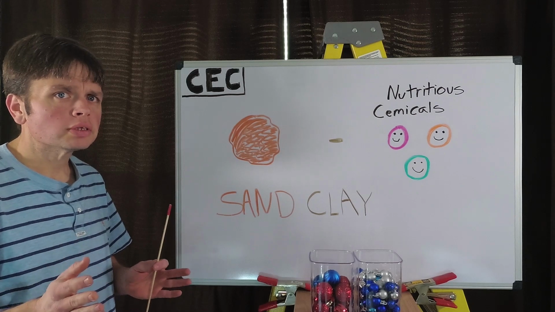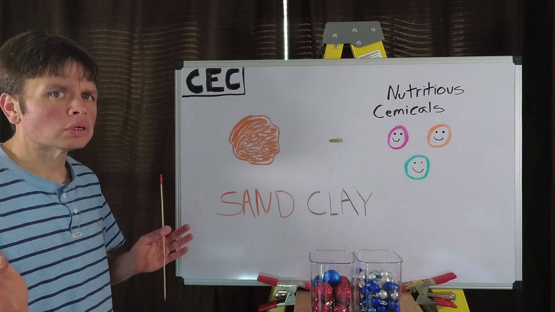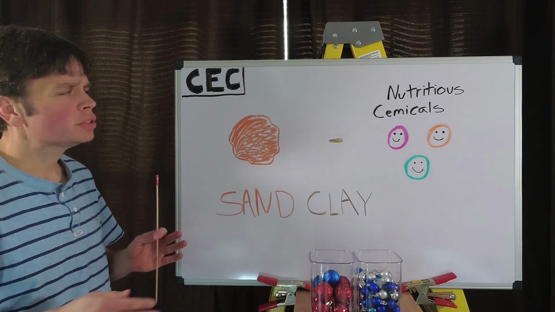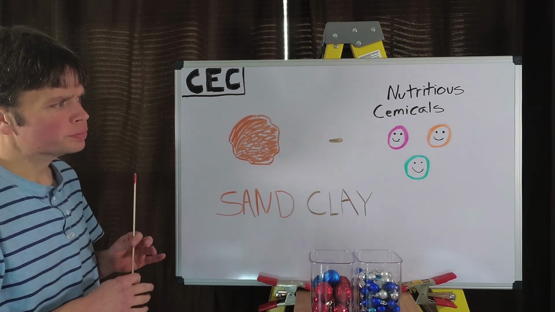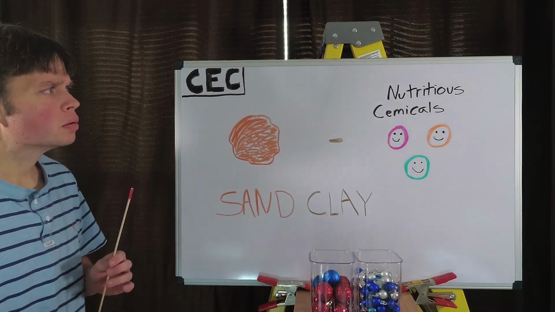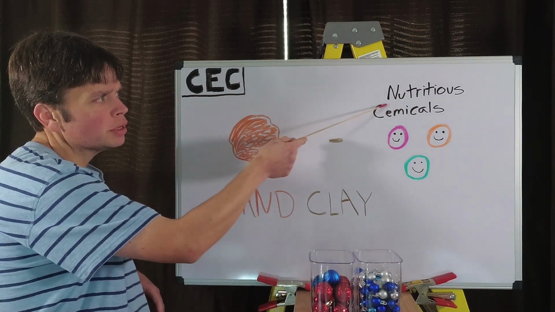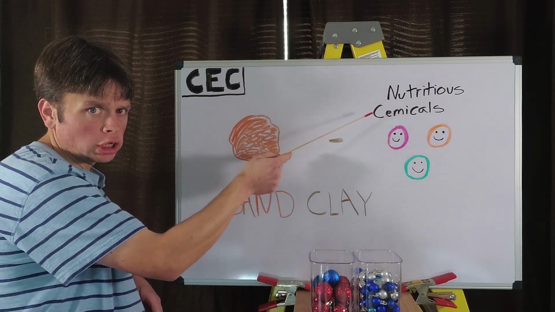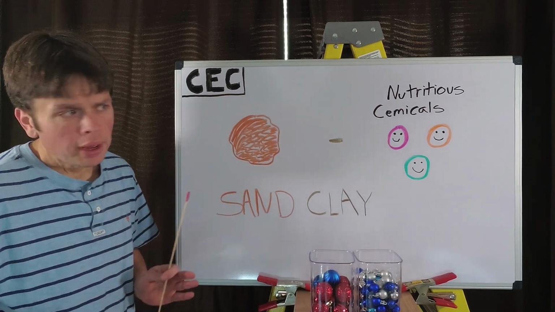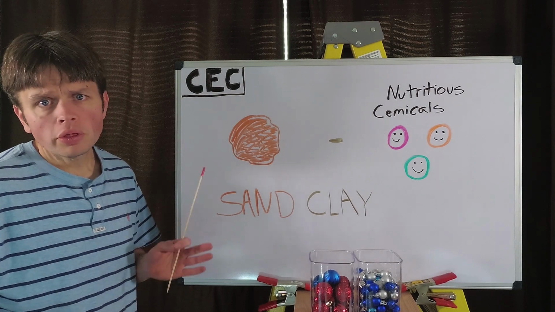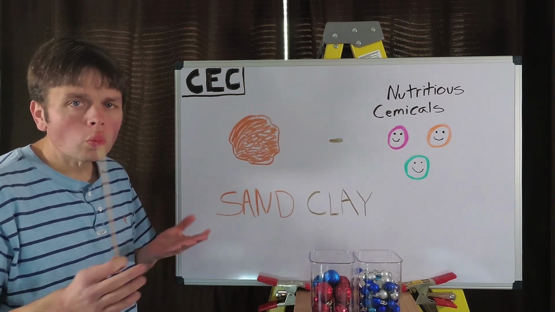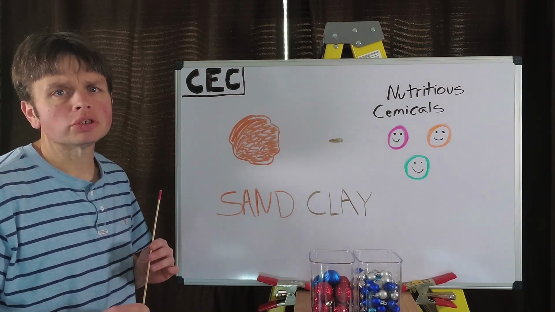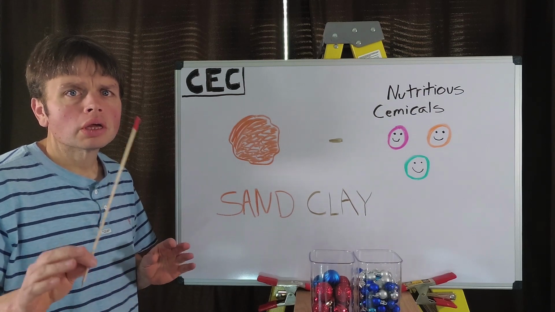There are two things that are important with understanding the CEC. One of them you can see right here, nutritious chemicals. And the other is water and how much your soil can hold.